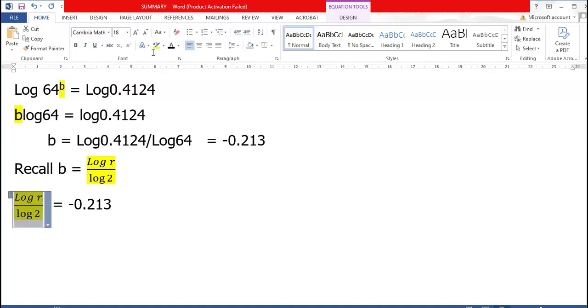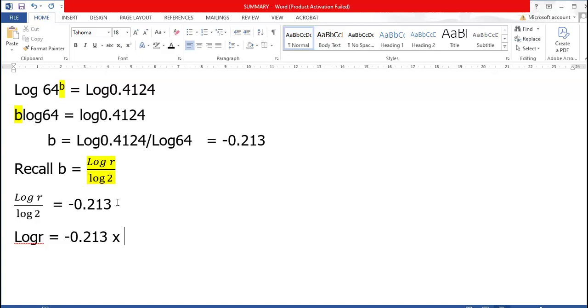How can you get this R? So I cross multiply, I will be left with log R is equal to negative 0.213, then times log 2.